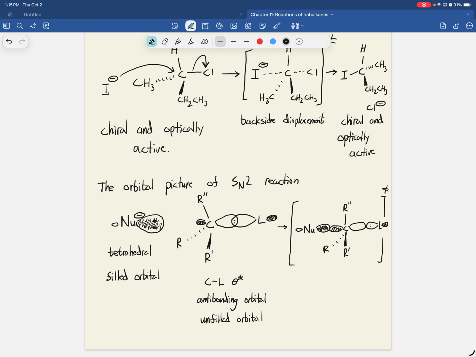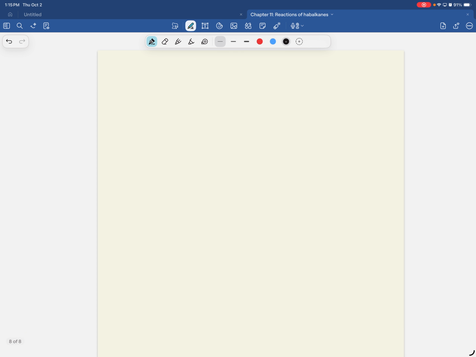But now, guys, if you have room, I don't have room, but I'm going to go to a new page, okay? And I'm going to draw the arrow here. So now my product, what happens here is our nucleophile and our carbon atom here are now bonded together.